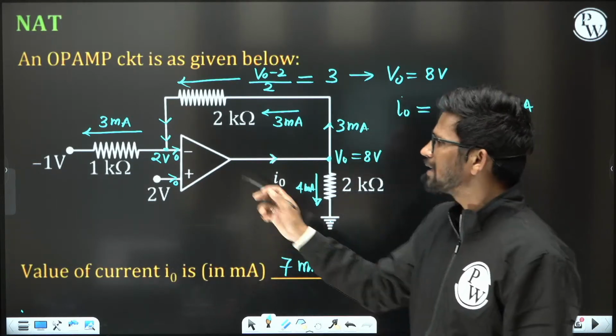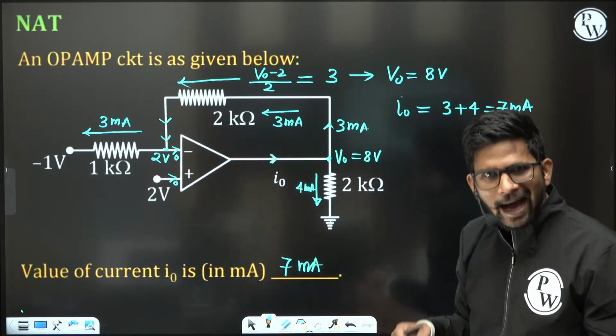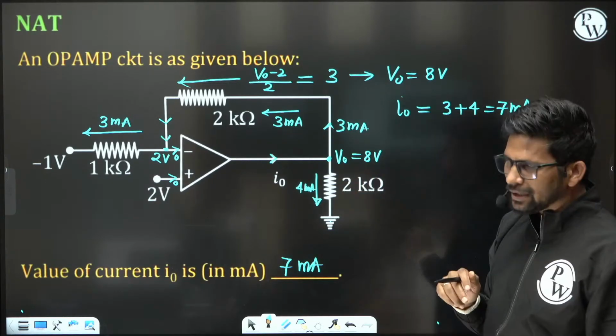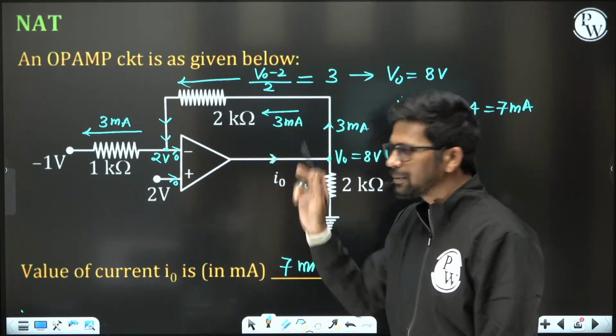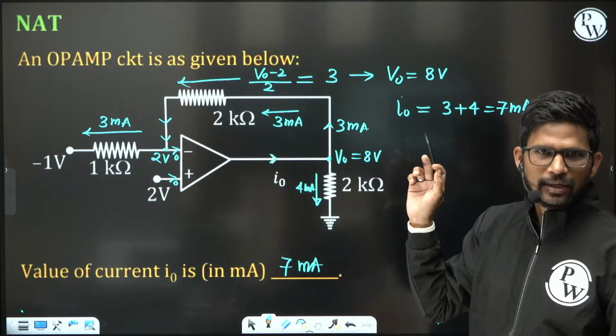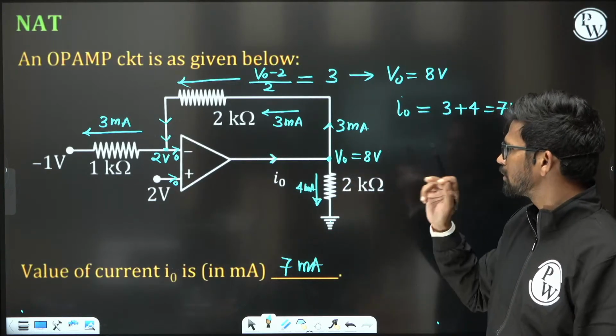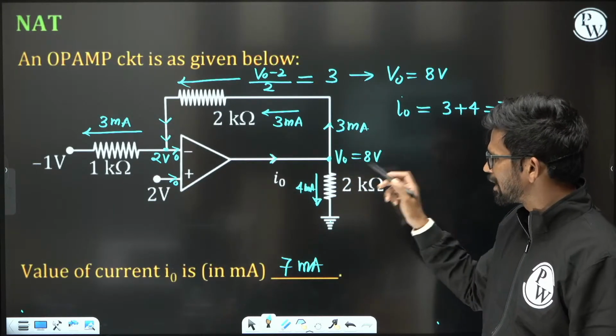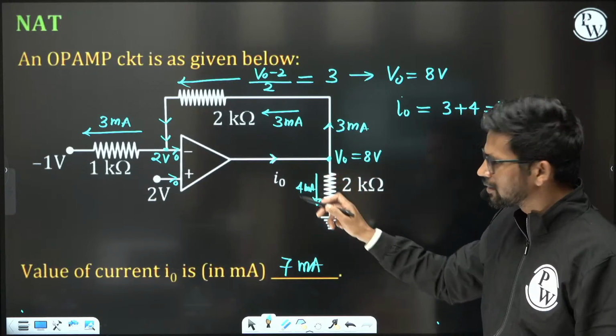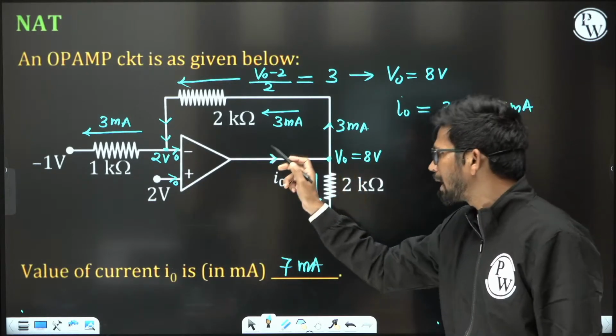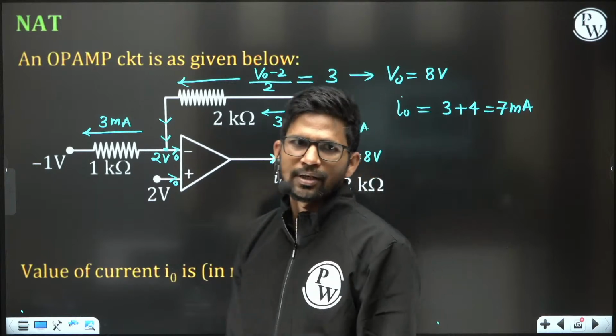After applying the KCL at this node, I find out this value of V naught, I find out this outgoing current 3 milliampere, and by finding out this V naught as 8 volt, I find out this current as 4 milliampere, and then by applying KCL, obviously I got the answer of I naught.